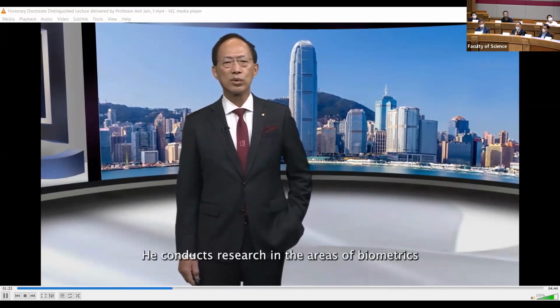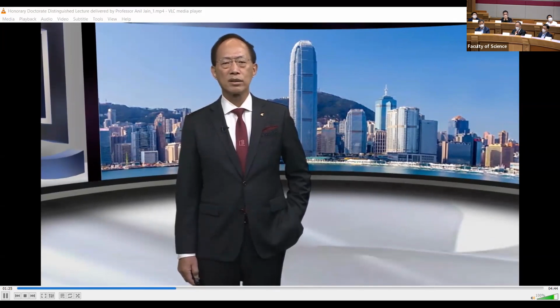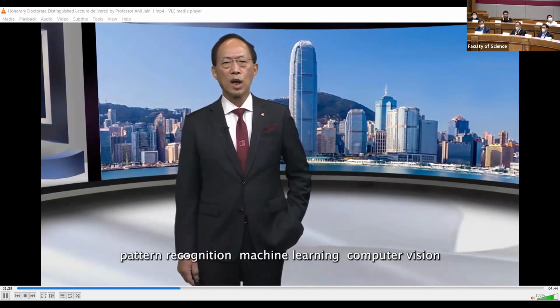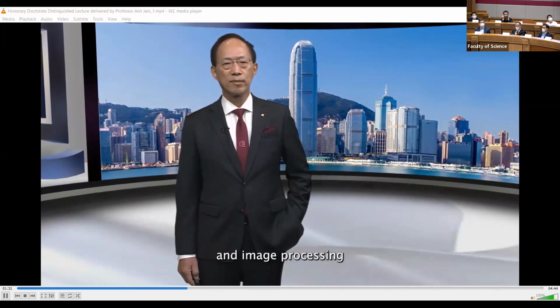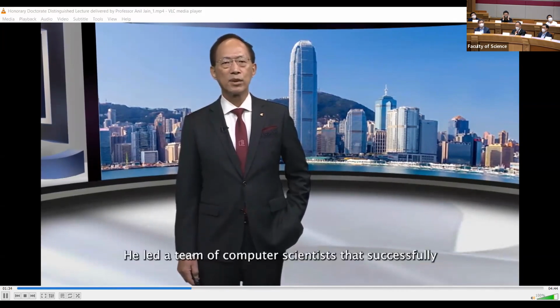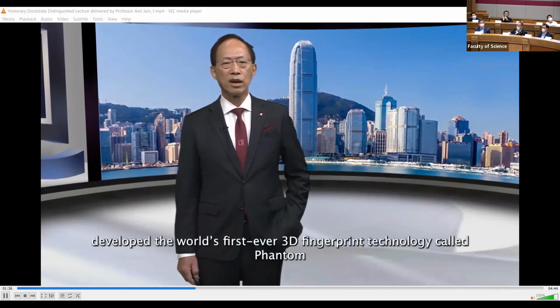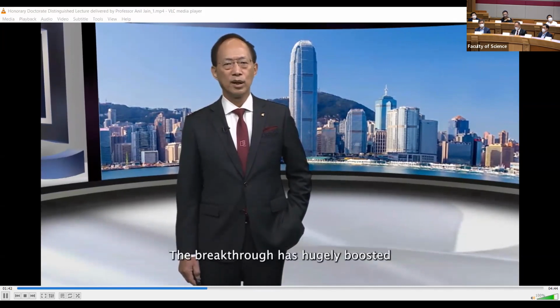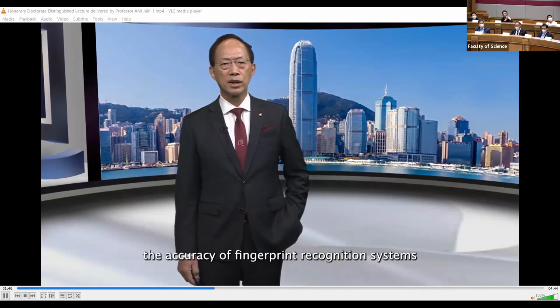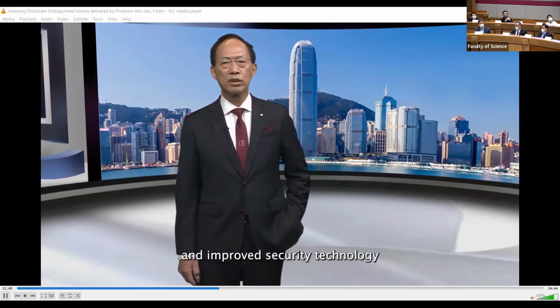He conducts research in the areas of biometrics, pattern recognition, machine learning, computer vision, and image processing. He led a team of computer scientists that successfully developed the world's first ever 3D fingerprint technology called Phantom. The breakthrough has hugely boosted the accuracy of fingerprint recognition systems and improved security technology.